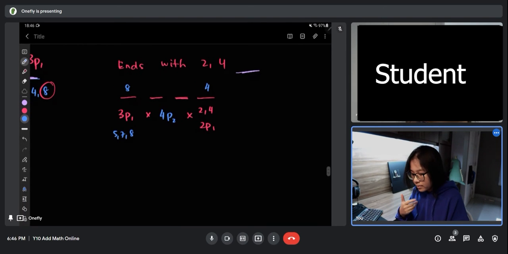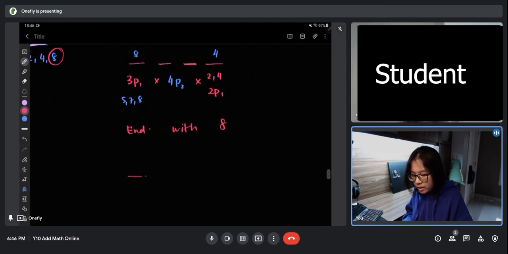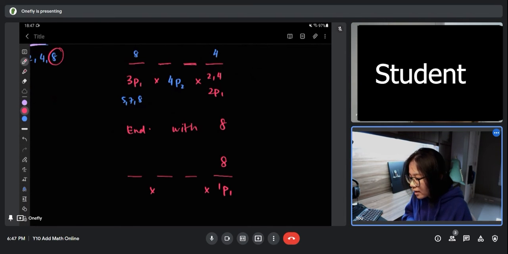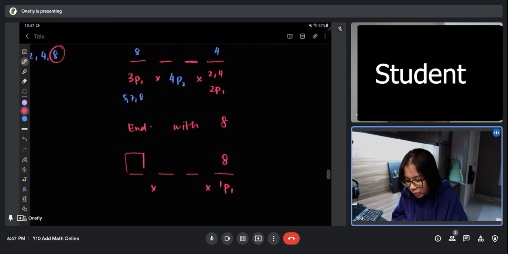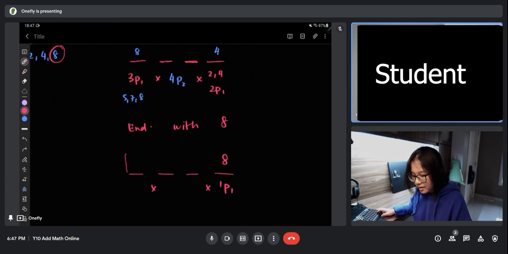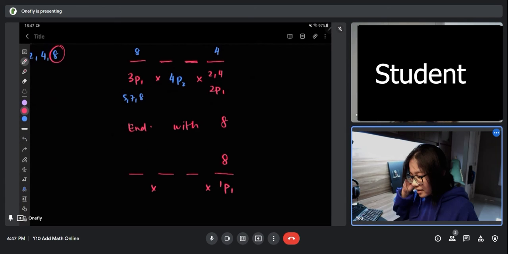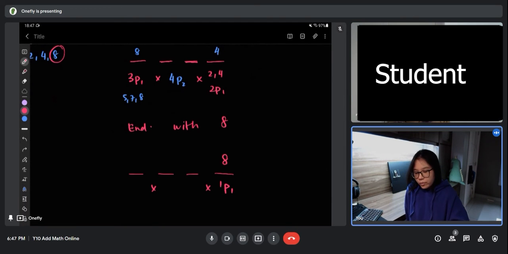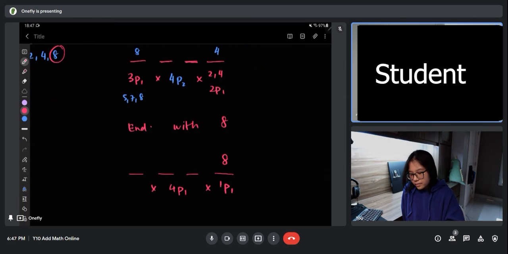Then the other condition I set up just now was ending with 8, specifically 8 only. So here I have 4 slots again. Here confirm 8, so it's 1P1. Complete the calculations for me. Don't forget this one still needs to be more than 5,000. 4P2 is here, but then the first one 3P1.